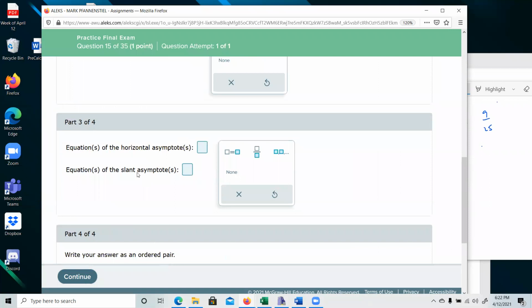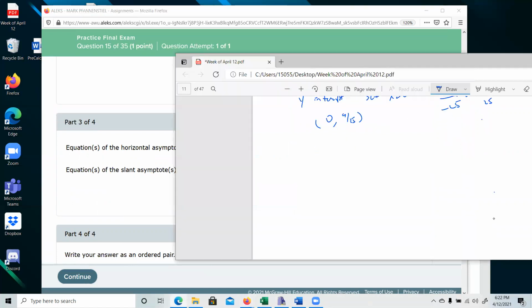By the way, oblique, please, not slant. You have one or the other. You don't have both. You're not going to see both in a class like this. It's possible I could put some kind of horrible piecewise function together, with a horizontal and an oblique asymptote, something like that, or two asymptotes going like that.